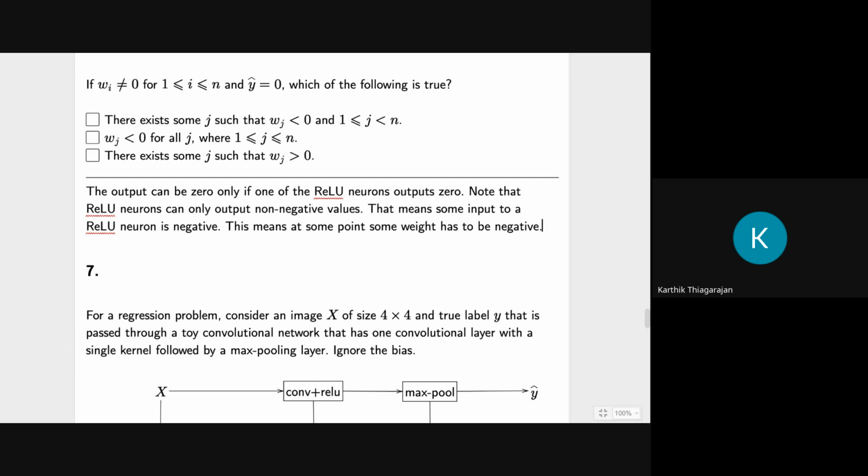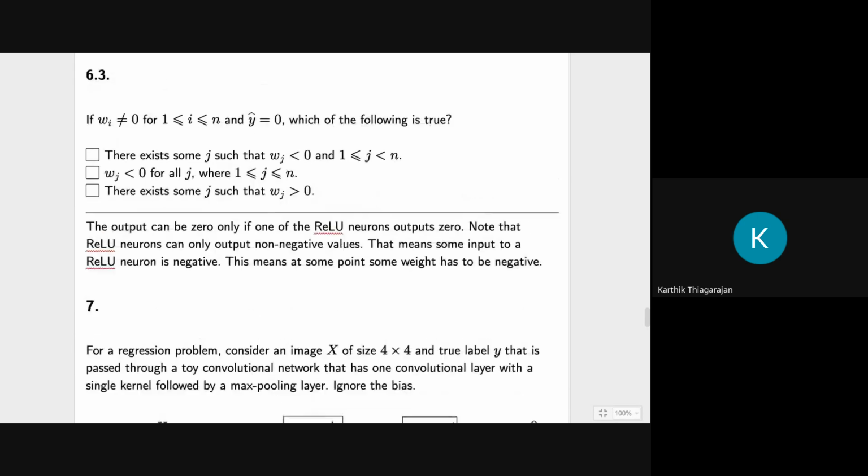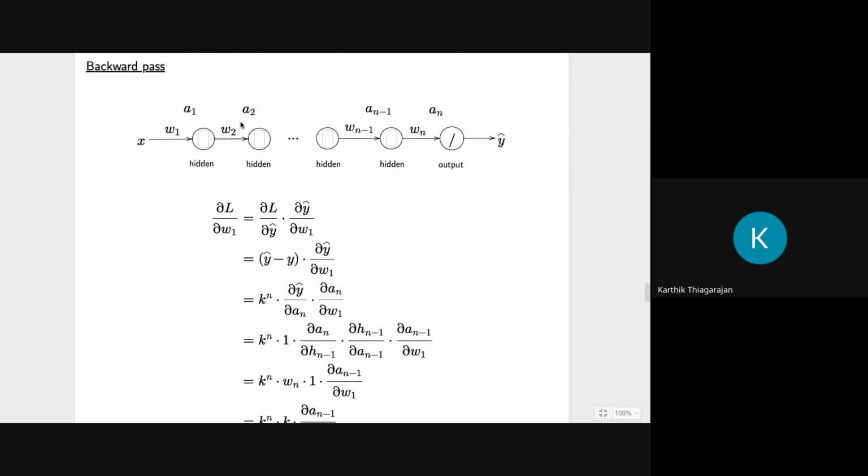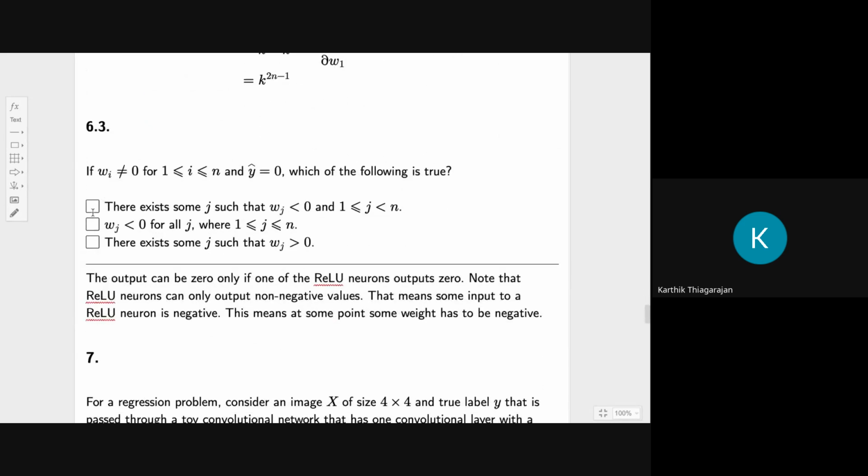Why can't the pre-activation be negative? Can that happen? So for instance, A2 can be negative, right? Why should W2 only be negative? Because X is positive. So you start with a positive pre-activation in some sense. Therefore, at some point, you need to have a negative weight. No other go, right? So this option is a convoluted way of saying there is some negative weight.